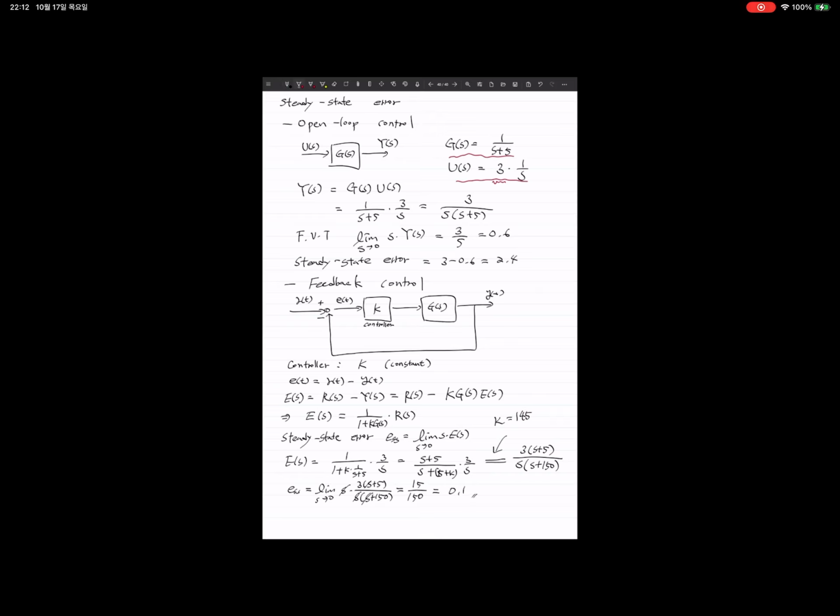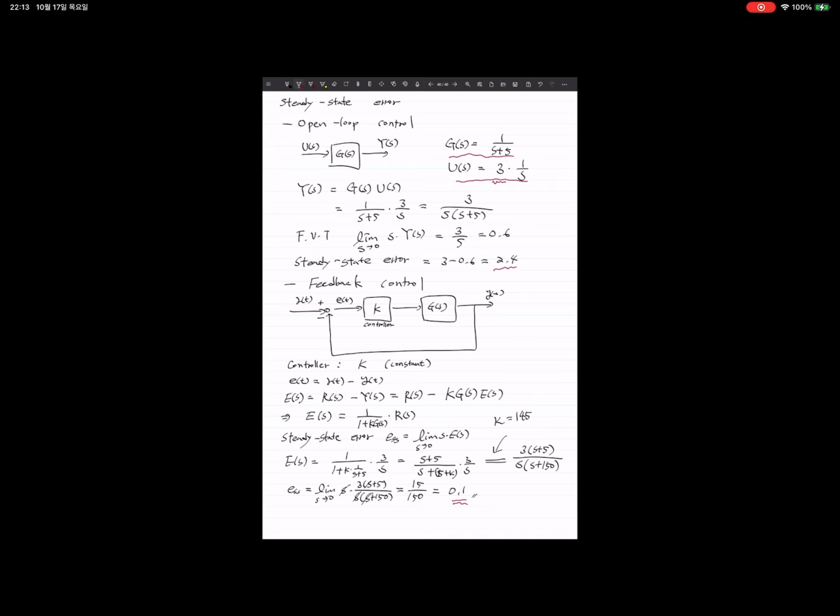Previously, using open loop control, the steady state error was 2.4. Now the steady state error is 0.1. So as you can see, using the final value theorem, we can obtain the steady state error, and we can easily predict the controller performance. Based on this, we can analyze the system and design a better controller.